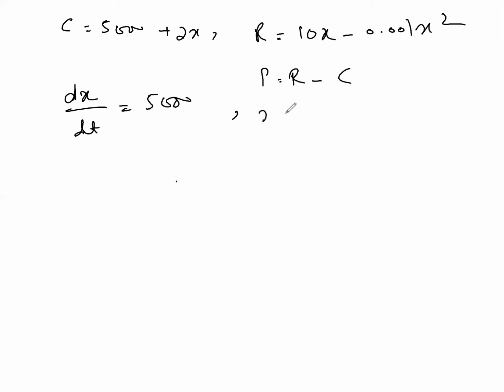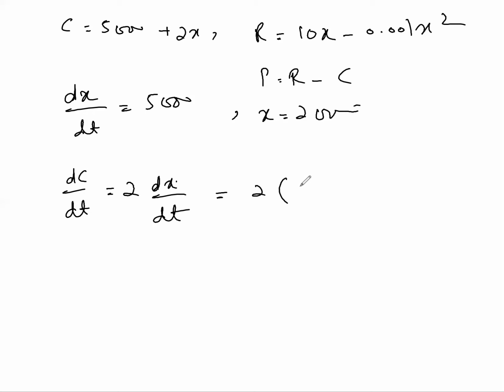And when the production is 2000, find the rate of increase in cost, rate of increase in revenue, and rate of increase in profit. So the rate of increase in cost is dc by dt, which is 2 times dx by dt. So 2 dx by dt is 500, so the rate of increase in the cost is 1000.